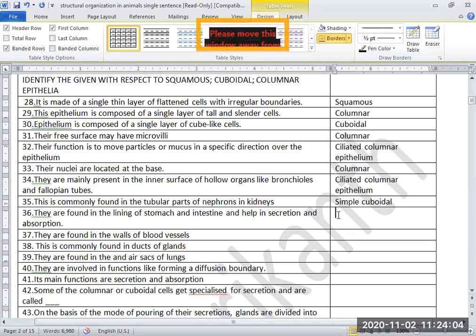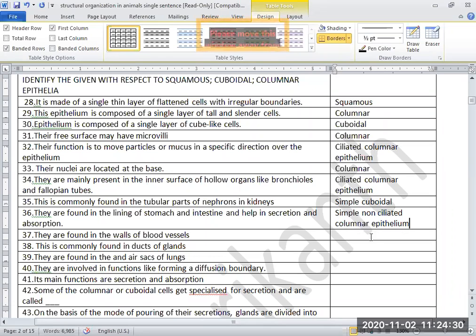Question number 36. Simple non-ciliated columnar epithelium. Very good, very good.